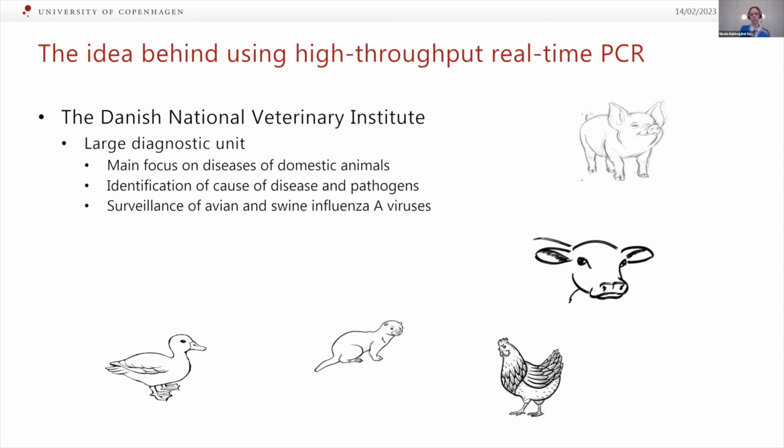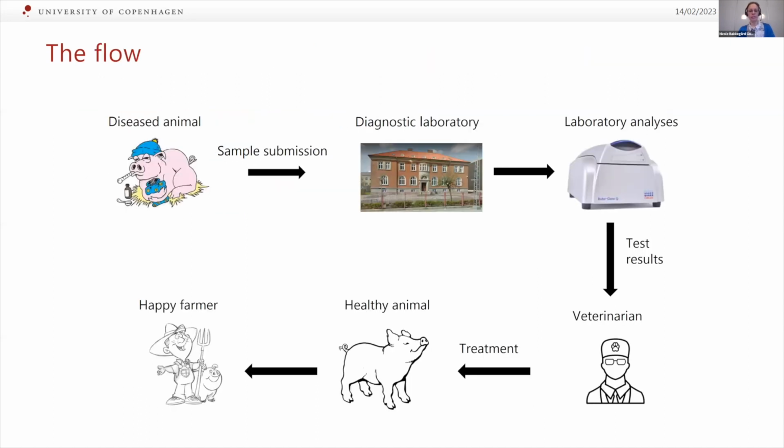Furthermore, the institute also conducted a surveillance program of avian and swine influenza A viruses. The sample flow at the institute was as follows. The samples were often taken from deceased animals, and then the samples were submitted by the veterinarian to the institute, where the samples were analyzed for the presence of pathogens based on the request from the veterinarian.